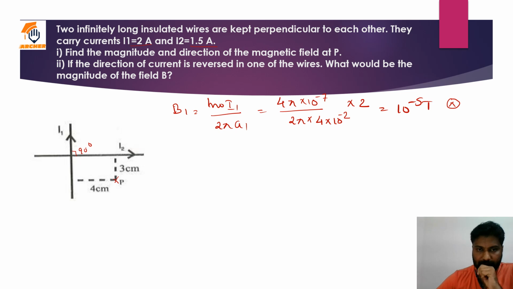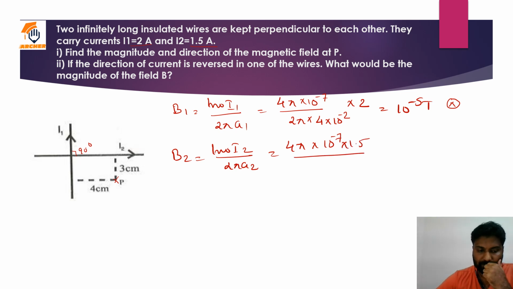Then again, what is B2? μ0 I2 by 2π A2, which will be 4π into 10 raised to minus 7 into 1.5 divided by 2π into 3 into 10 raised to minus 2, since this is 3 centimeter. This also will give 10 raised to minus 5 Tesla.